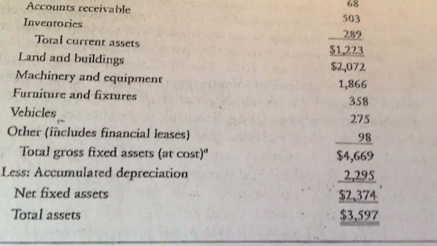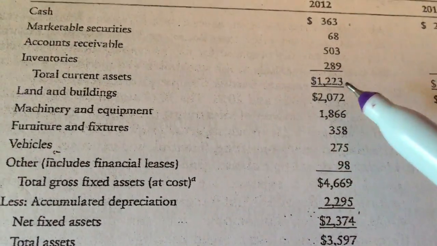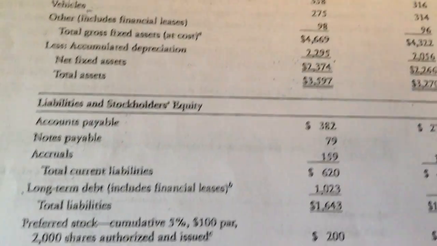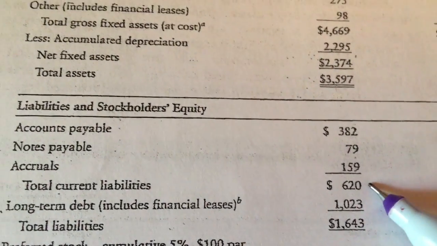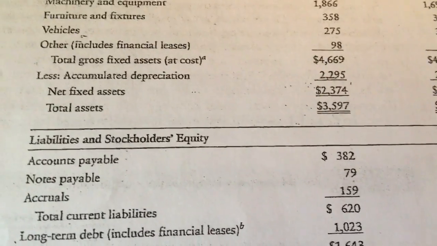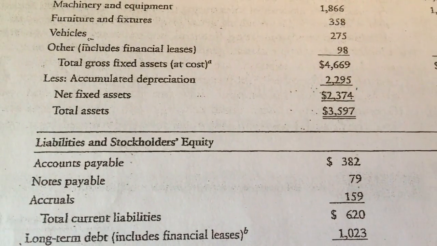So in the first ratio, you took your current assets and divided that by your current liabilities. Those are the liabilities that we would pay off within the first year.